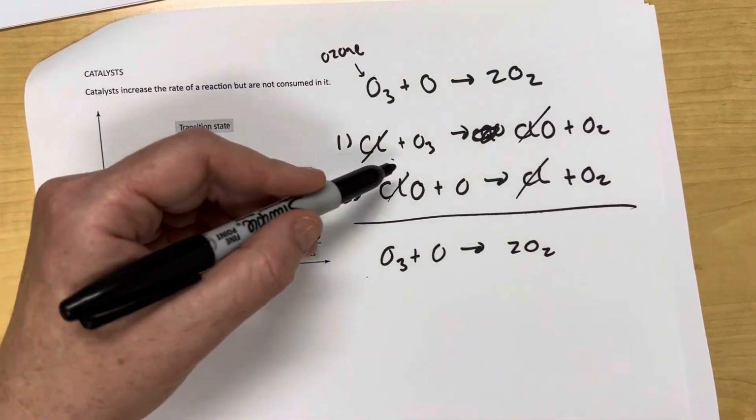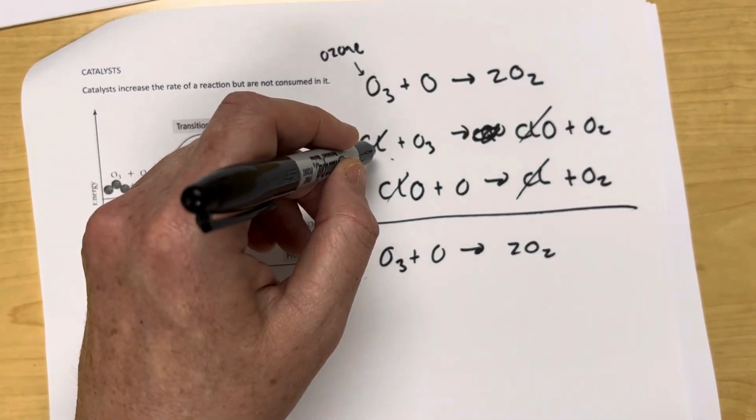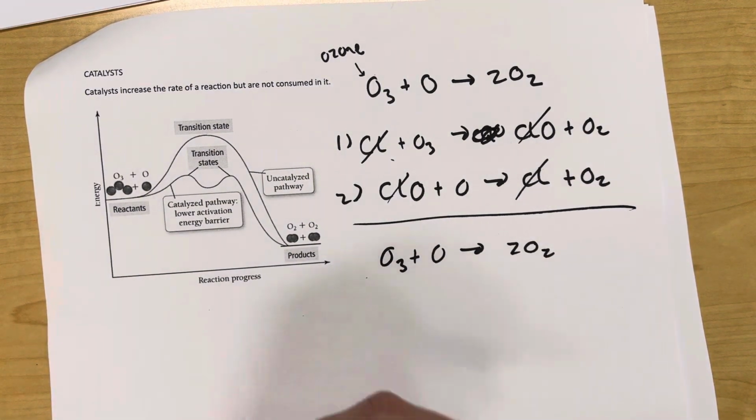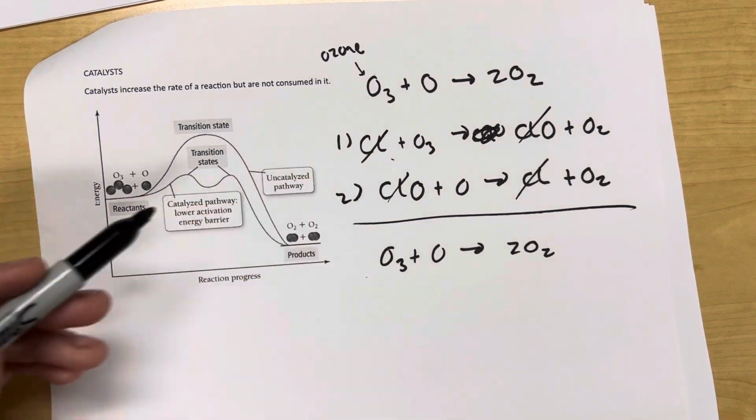And notice that at the end, they're not there, which means if you started with a certain amount of chlorine, at the end of this reaction, you still have that same amount of chlorine, and it can just continue to do this reaction over and over and over again, depleting the ozone layer.